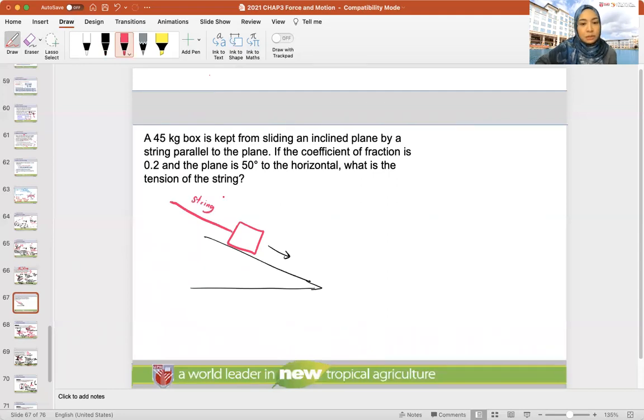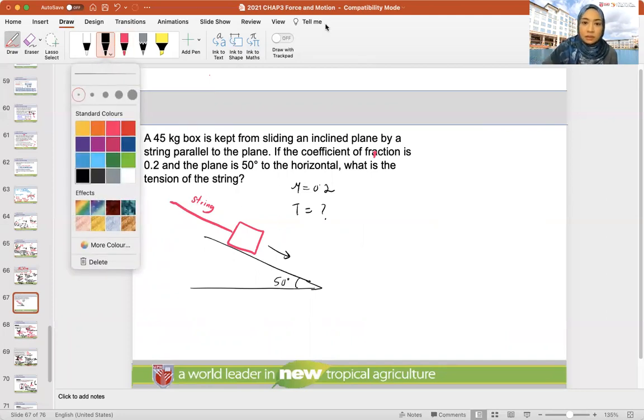If the coefficient of friction is 0.2, so mu is equal to 0.2, and the plane is 50 degrees to the horizontal. What is the tension of the string? So it's asking here, what is T? So this is our string. If I were to draw my free body diagram, let's do this together during our last few minutes of class.